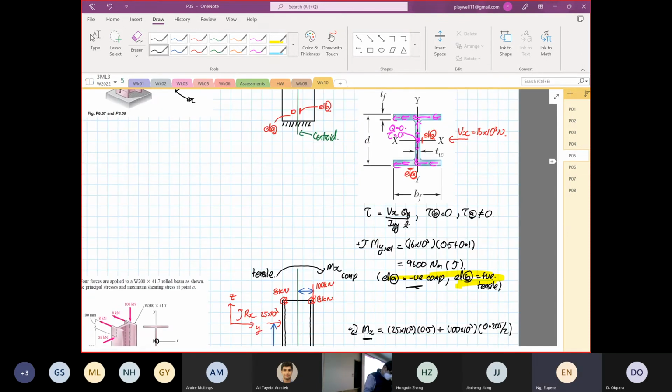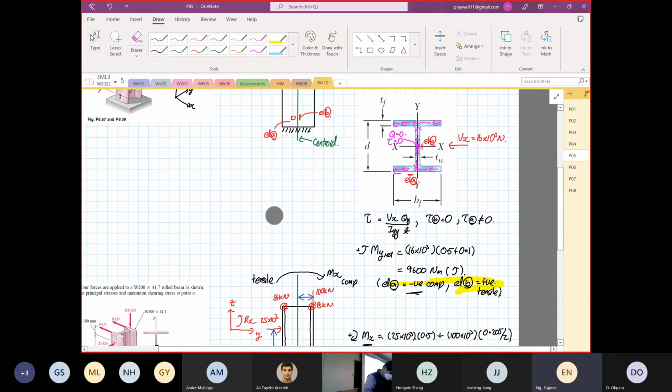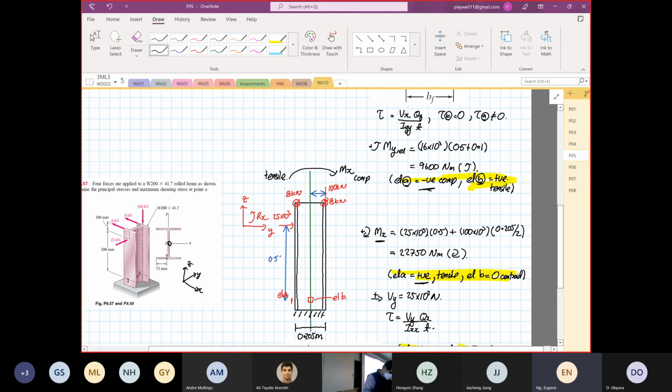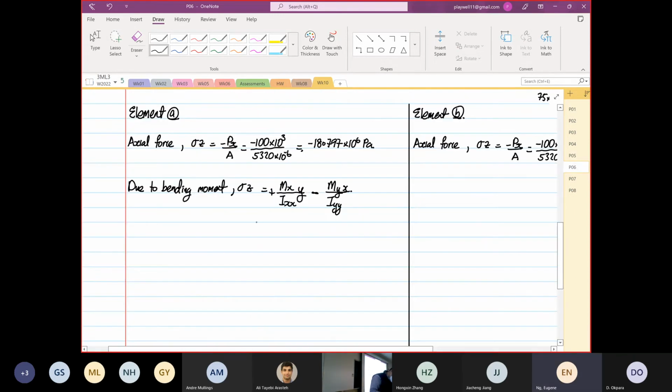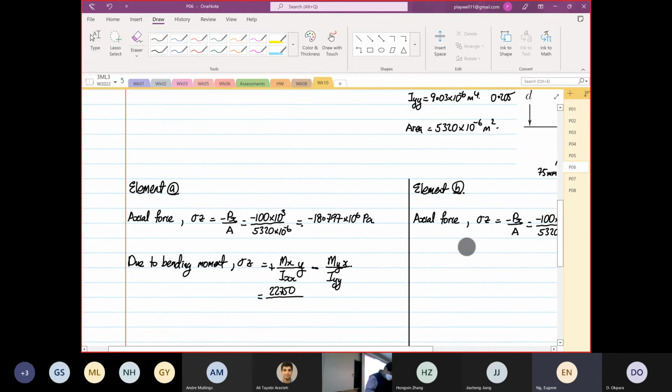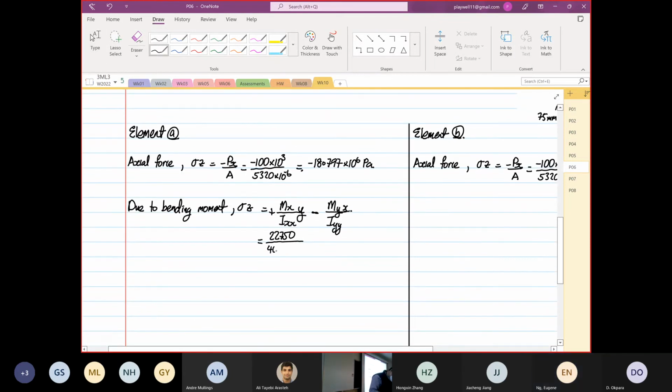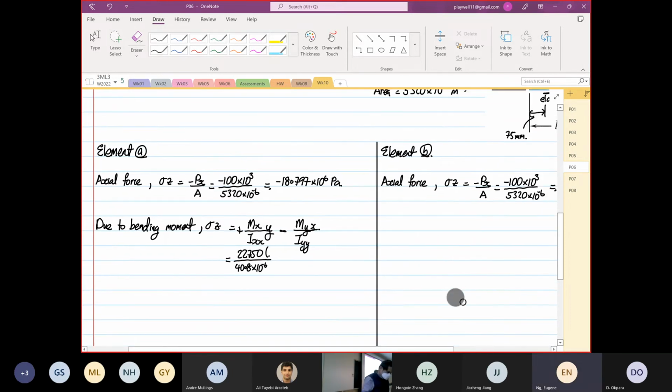So from here, we find our Mx value. Mx is equal to 22750. So it's equal to 22750 divided by Ixx. We know it's 40.8 times 10 to the power minus 6. Now, the next one is the y distance.